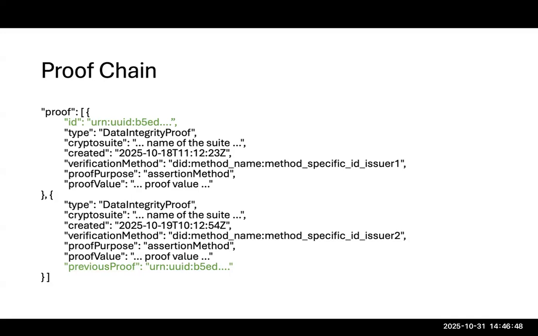So essentially, this signature also covers the previous proof, in the sense that you consider also the signature before when you calculate the hash and then the signature on the information.